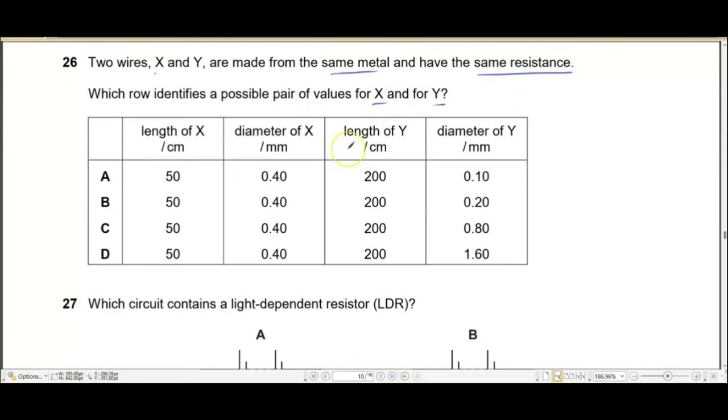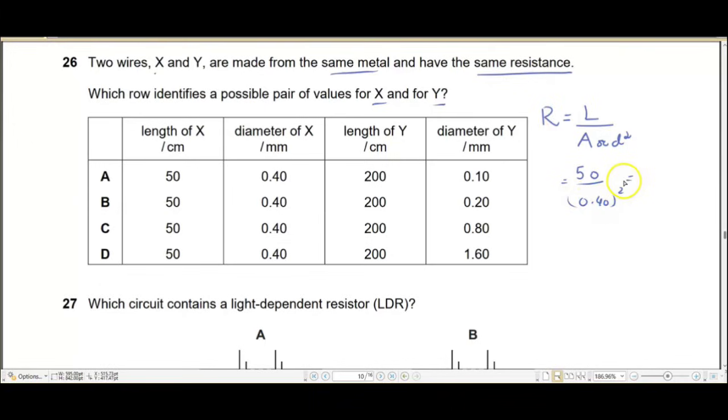So we know that resistance is equal to the length of the wire divided by the area, or diameter squared. Let's take in the values. These values are just the same. First let us find out what this wire holds.